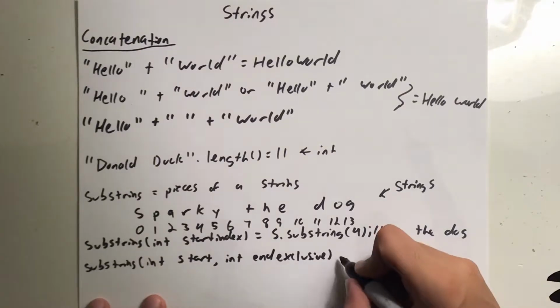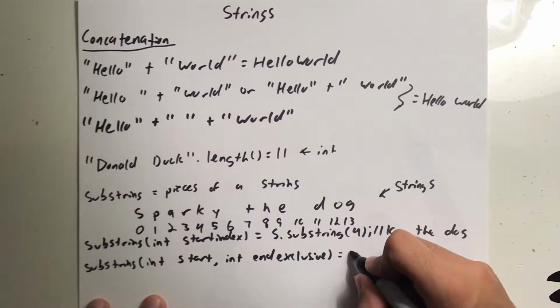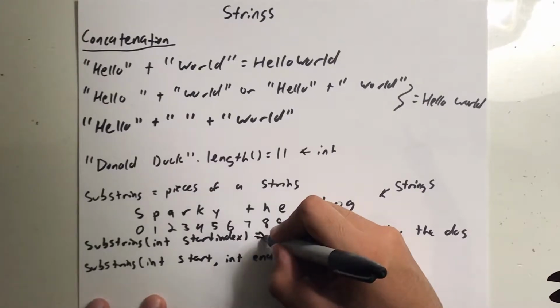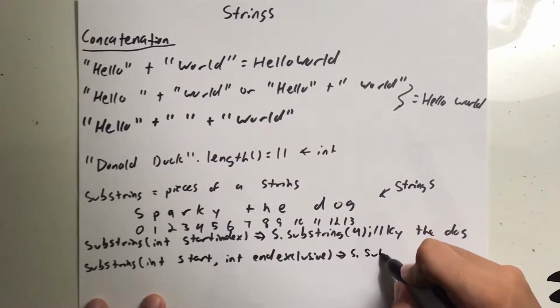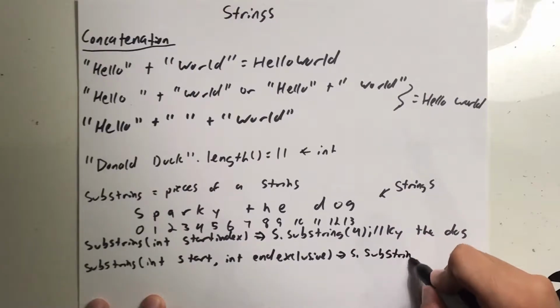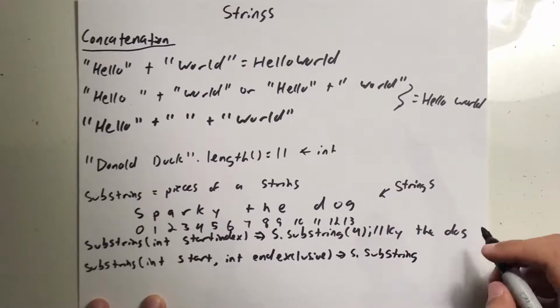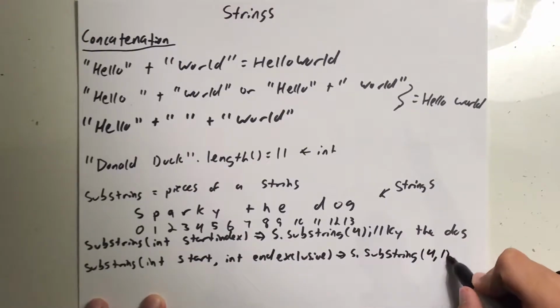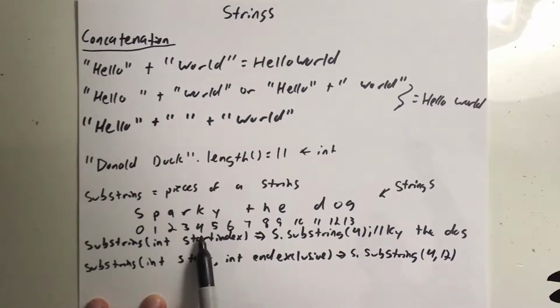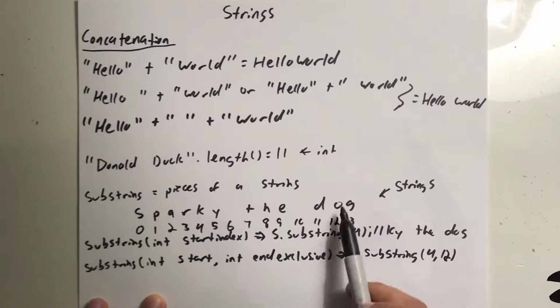So let's say we had s dot substring of 4, 12. What will it print out? Well, we start at 4 and we end at 12. But this 12 part is exclusive, so we don't count it.